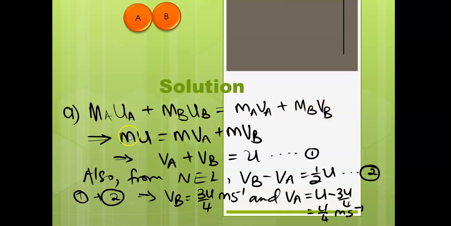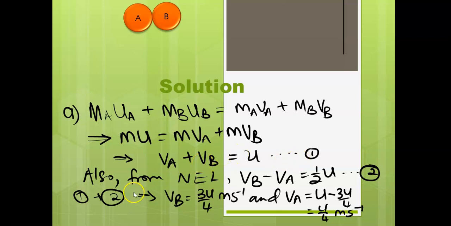We know that the mass of A is M, the initial velocity of A is U, the mass of B is M, since it is identical, and UB is 0, since B is at rest. M cancels, so we have U equals VA plus VB, where VA is the velocity of A after the first impact and VB is the velocity of B after the first impact.